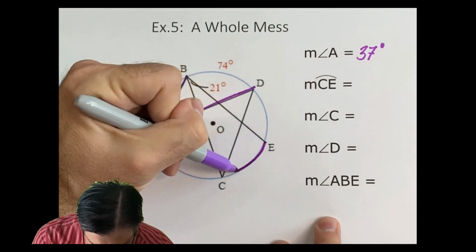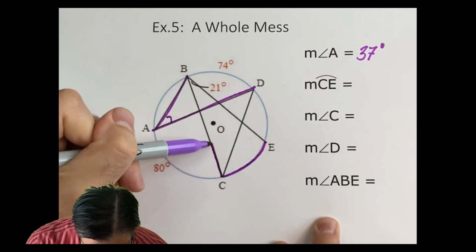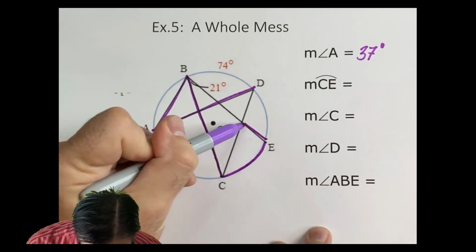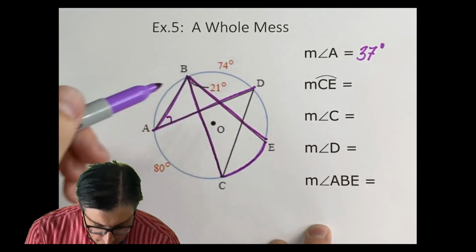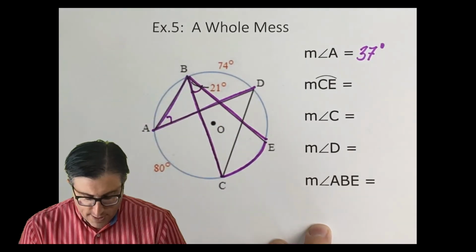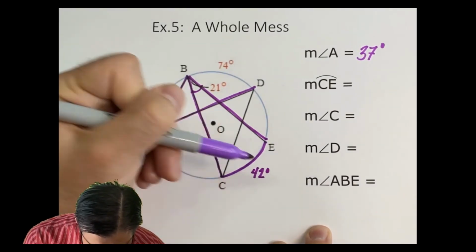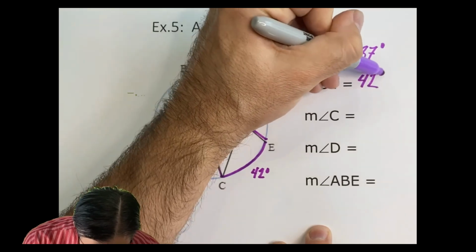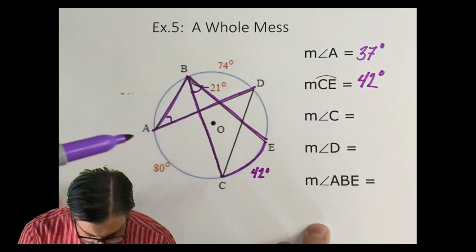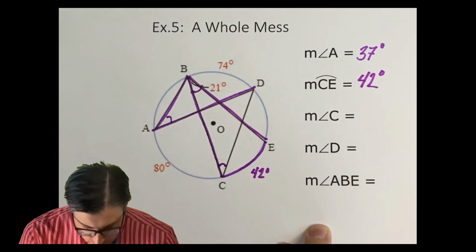Arc CE is made by chord CB and chord EB. The angle is 21 degrees. The angle is always half the arc, so that means the arc is 42 degrees, double 21. Angle C is right here.